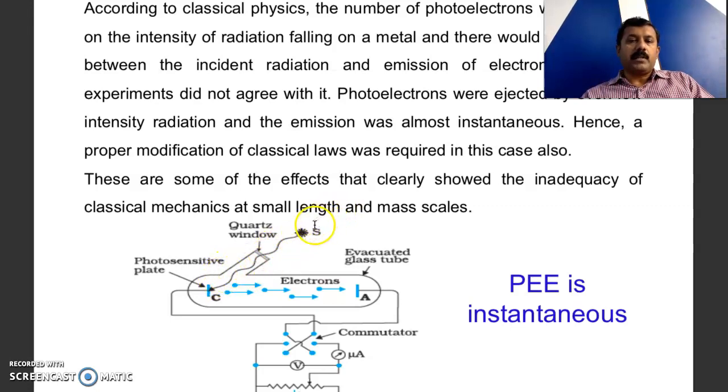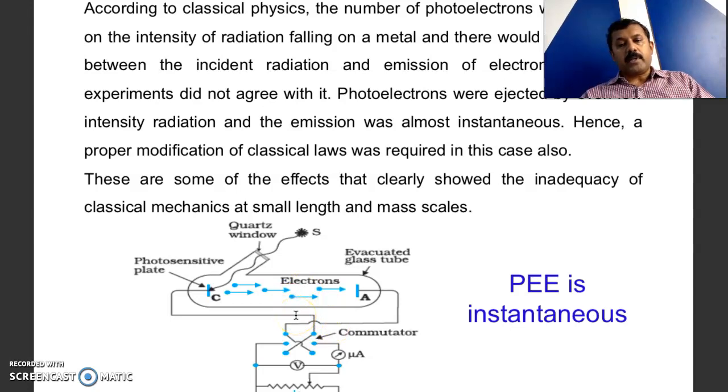If some light falls on this quartz tube, it enters and is made incident on a photosensitive plate like sodium, potassium, etc. As soon as the light is incident, the electrons are emitted, and these emitted electrons can be detected through a galvanometer if you connect a galvanometer in this circuit.